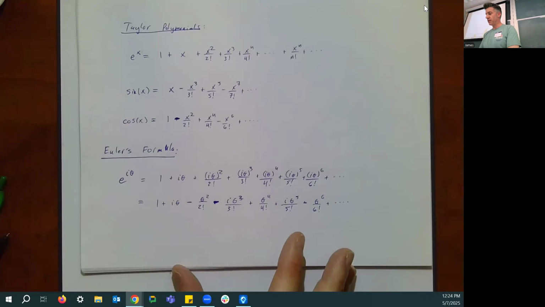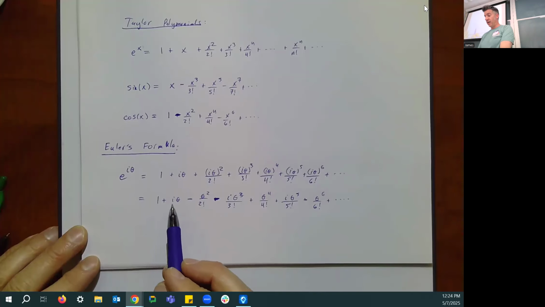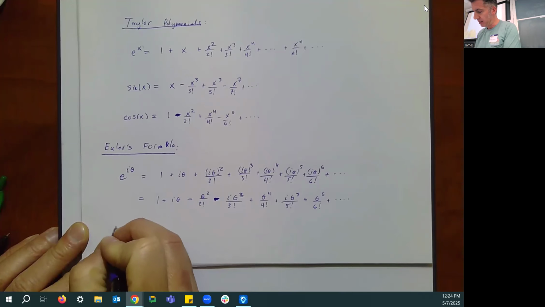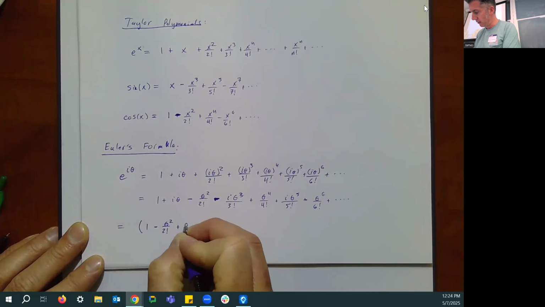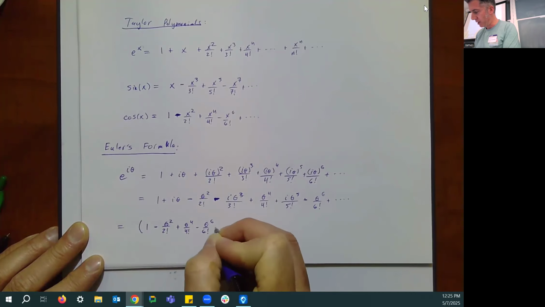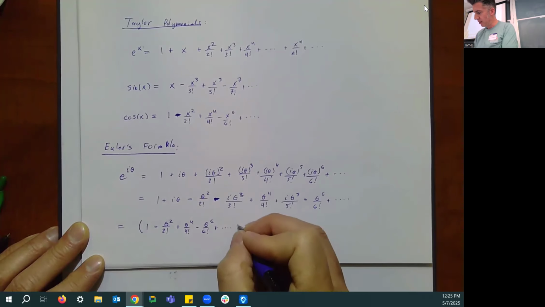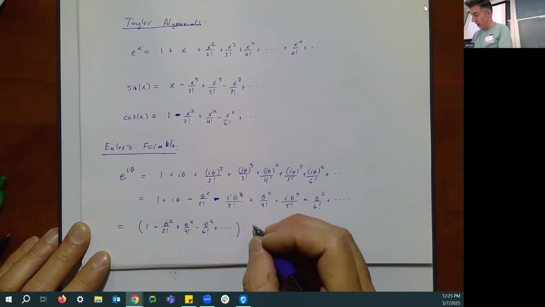So if you look at this, I'm going to break up the terms that have i's and the terms that don't. The terms that don't have any i left over are all the even powers. So we're going to rewrite this as 1 minus theta squared over 2 factorial plus theta to the 4th over 4 factorial minus theta to the 6th over 6 factorial, etc. And then the other part is all the things that have i's in them, but we're going to factor out the i.